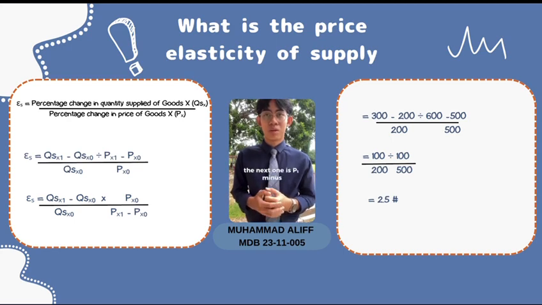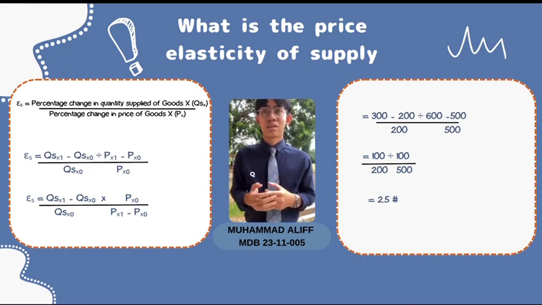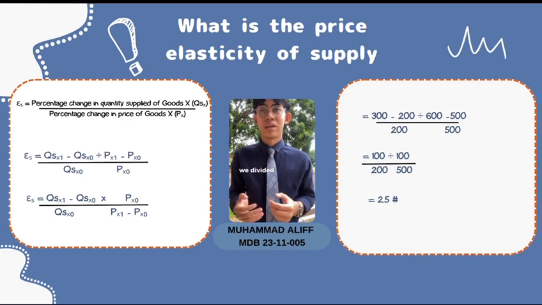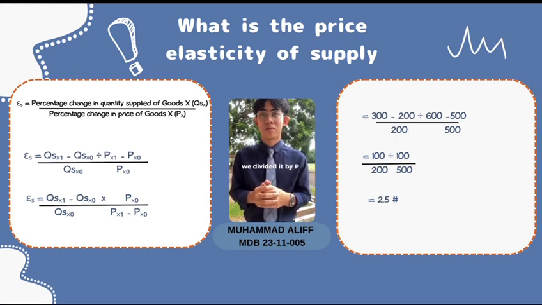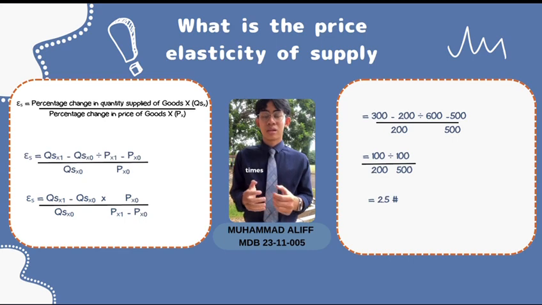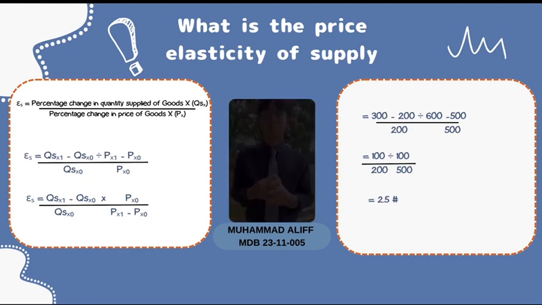The next one is P1 minus P0, and we divide it by P0. And then we divide these two answers.